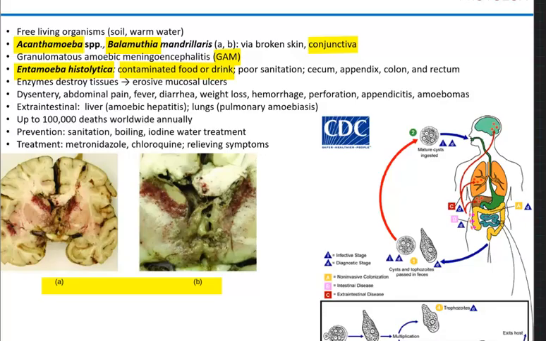So when it gets in the human colon, it causes ulcerative colitis, which results in dysentery, obviously cramps, abdominal pain, hemorrhage, so on and so forth. Okay? Perforations. Okay? So it kills up to 100,000 people a year all over the world.